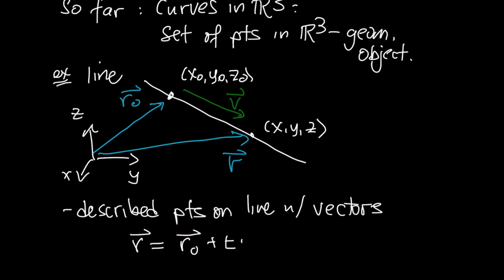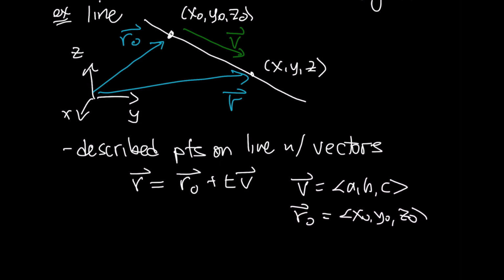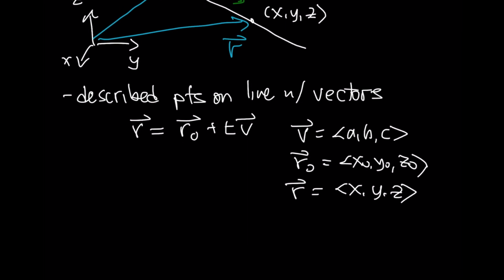A line is only one of infinitely many different curves. We would like to describe any curve in R2 or R3. Remember that if we had this vector with components a, b, and c, and if we put this back into the vector equation that we've got for the line, what we found was that the points on the line had this component form.